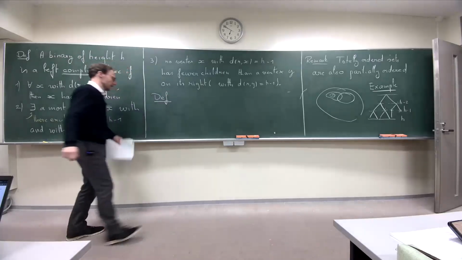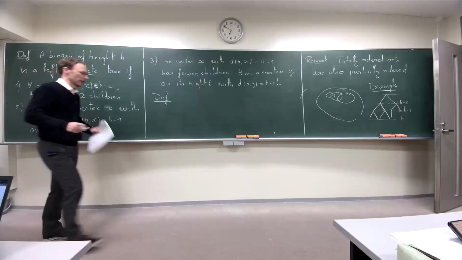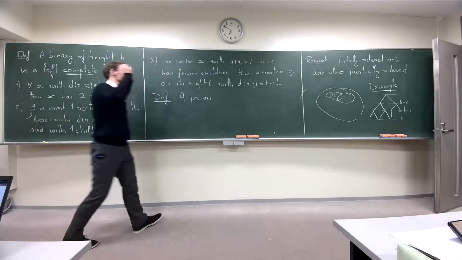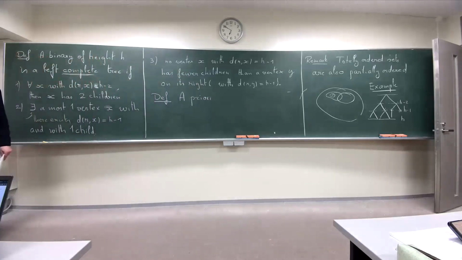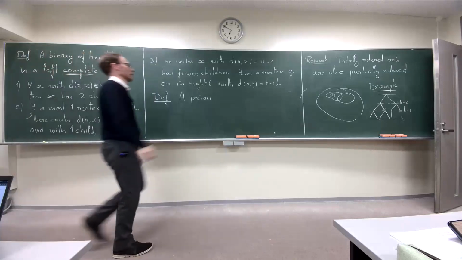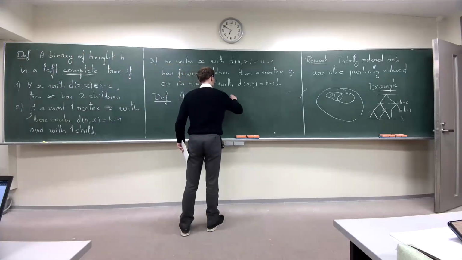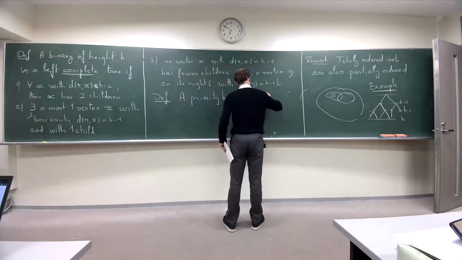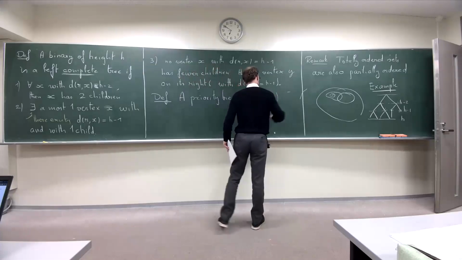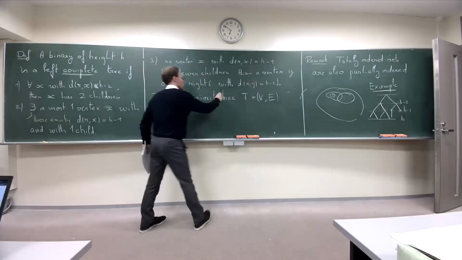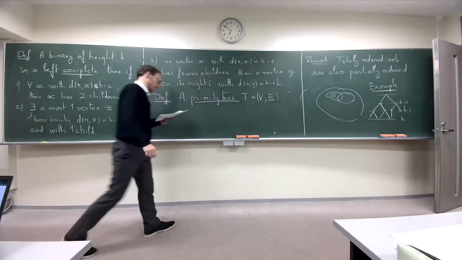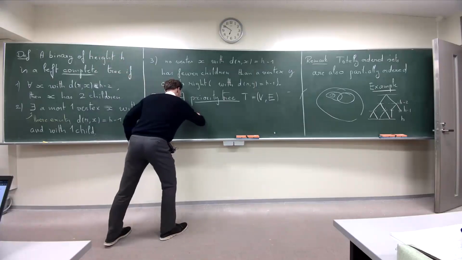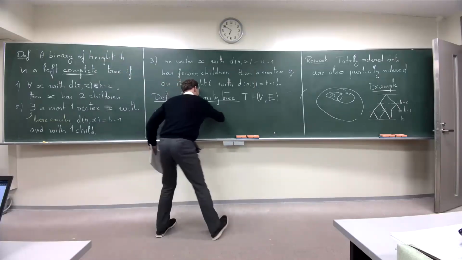Now, what is a priority tree? Remember, I have this notion of partially ordered set, which I want to put in a tree. So a priority tree T, and remember, it always has a set of vertices and a set of edges, is a left complete binary tree.